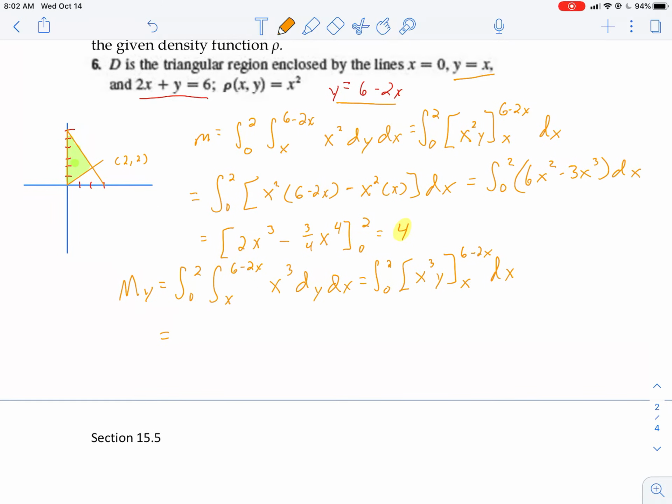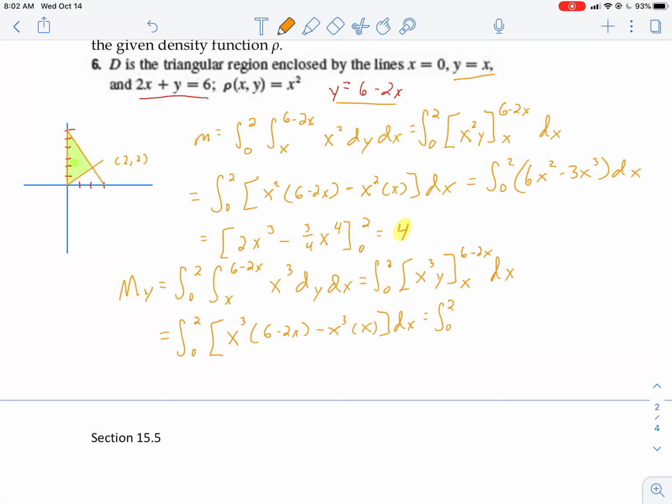We'll work that inside there. Going from 0 to 2, substitute in x cubed times 6 minus 2x minus x cubed times x, dx.